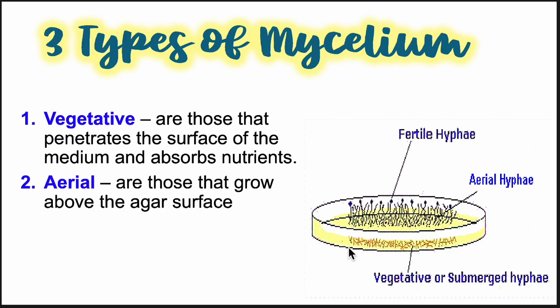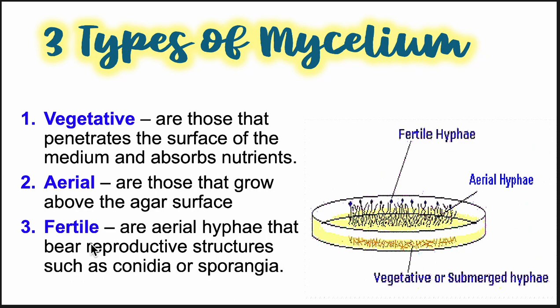Aerial mycelium are those that grow above the agar surface. Fertile mycelium are aerial hyphae that bear reproductive structures such as conidia or sporangia. They are here, the fertile or reproductive hyphae.